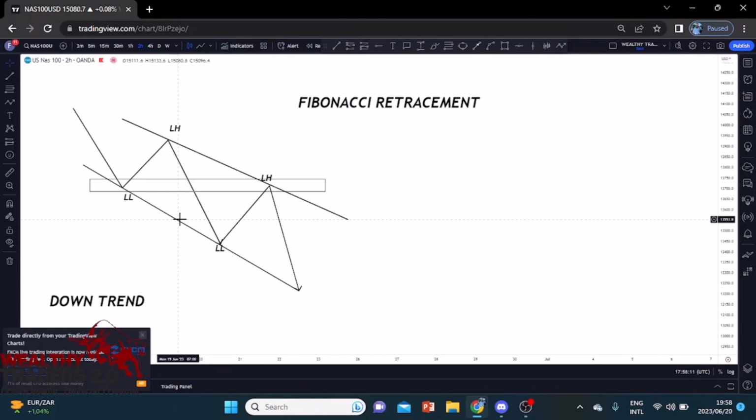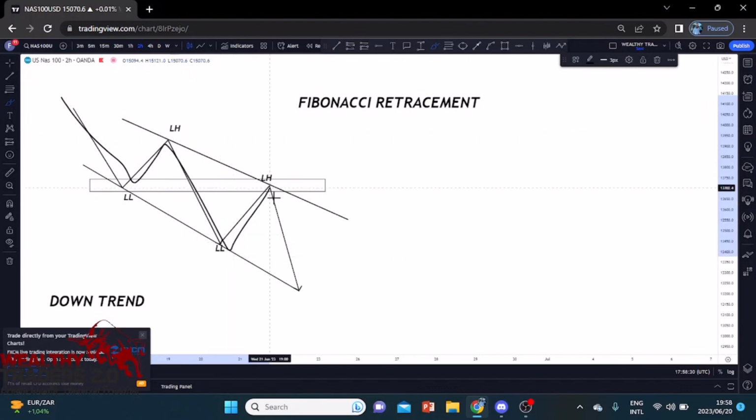So you need to understand a lot about Fibonacci. As long as you know the basics about support and resistance, the nature theory of the market, whereby it goes in an impulse, correction, impulse, correction, impulse to the downside. That's how the market moves.